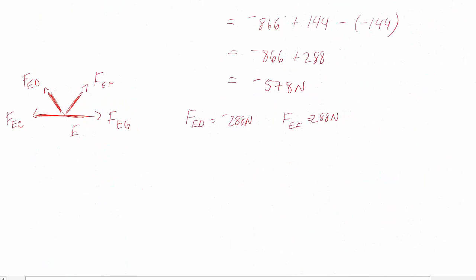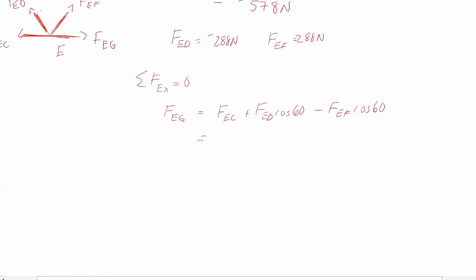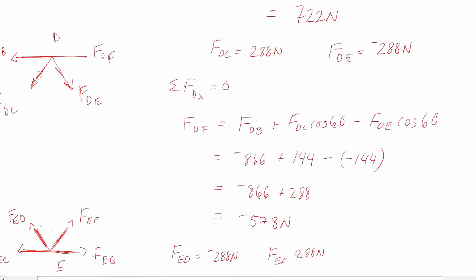All right, so sum of forces at E in the x direction are equal to 0. So FEG equals FEC plus FED cos 60 minus FEF cos 60. So FEC was 722, positive number.